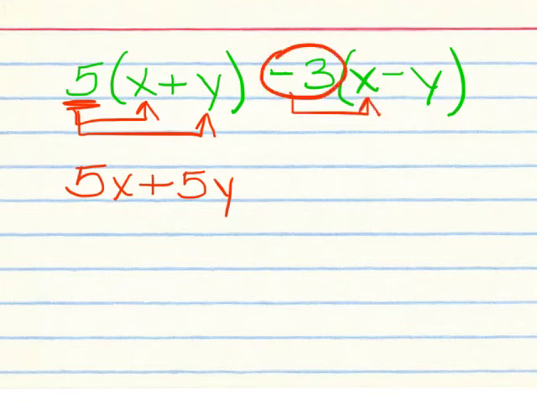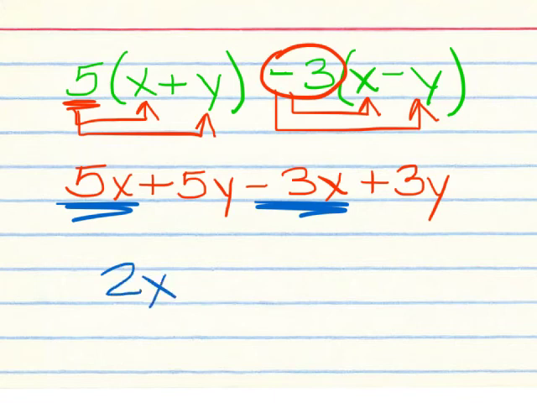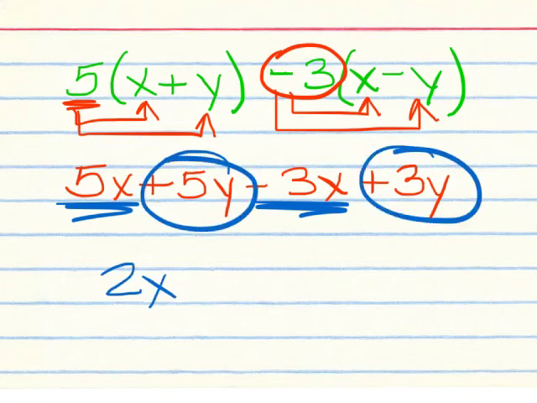Negative 3 times x, that's going to give us a minus 3x. And then negative times negative is positive, so it's plus 3y. Now go back and simplify. 5x minus 3x is 2x, and 5y plus 3y is 8y.